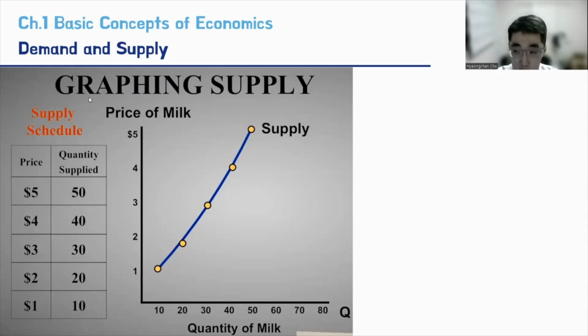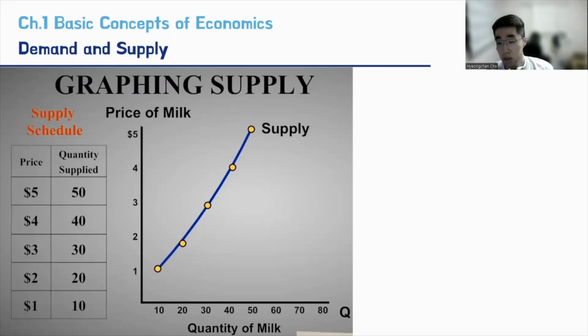So let's check the supply schedule chart on the left. At the price 5, the quantity supplied is 50, and at the price 4, the quantity supplied is 40. At the price 3, 30, 2, 20, 1, 10. So not like the demand curve, unlike the consumers, the sellers want to sell more things when the price is high.